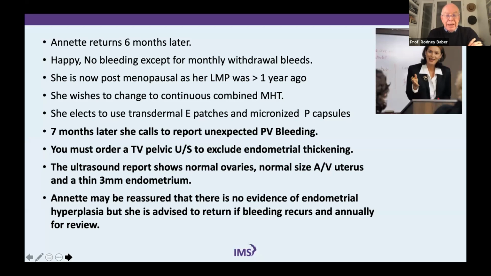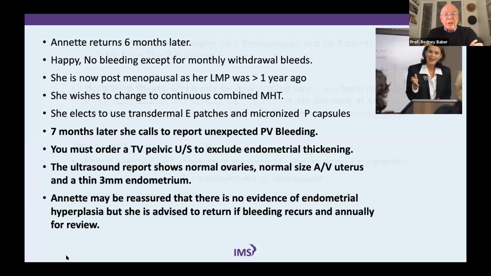Thankfully, on this occasion, an ultrasound done by an expert gynae ultrasound practice showed normal ovaries, a normal-sized anteverted uterus, and a nice thin 3mm endometrium. So I was able to reassure Annette that there was no evidence of endometrial hyperplasia, and I told her that she should come back to see me if she had a recurrence of her unexpected bleeding, but otherwise annually. I'm pleased to say I haven't seen her for the last 11 months.